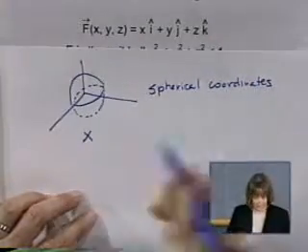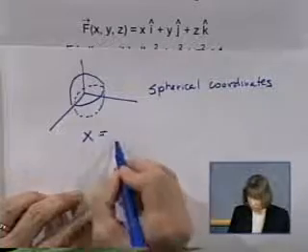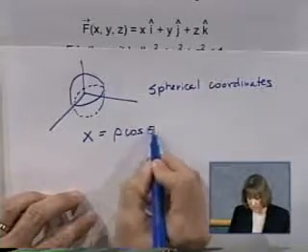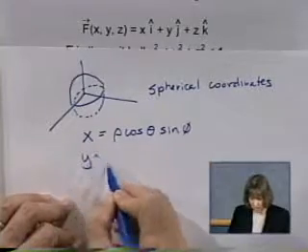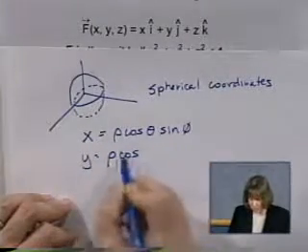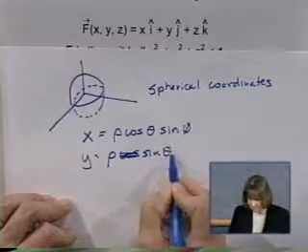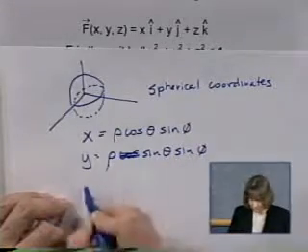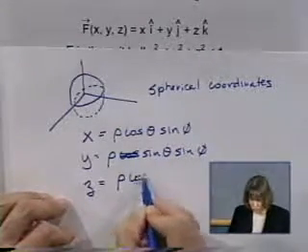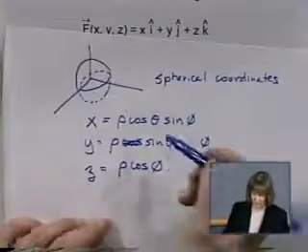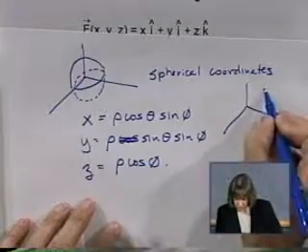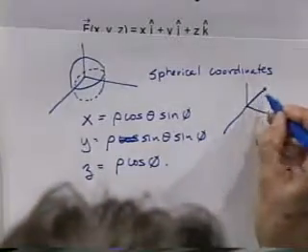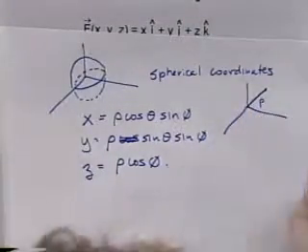If you go back and look it up, you'll see that x is equal to rho cosine theta sine phi, y equals rho sine theta sine phi, and z is given by rho cosine phi. Now what are theta and phi? You might remember, if you have a point in three-dimensional space, rho is the distance that you are from the origin.